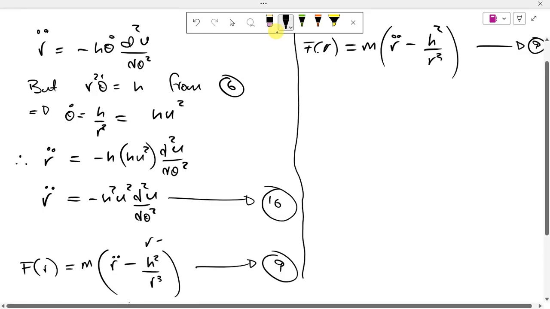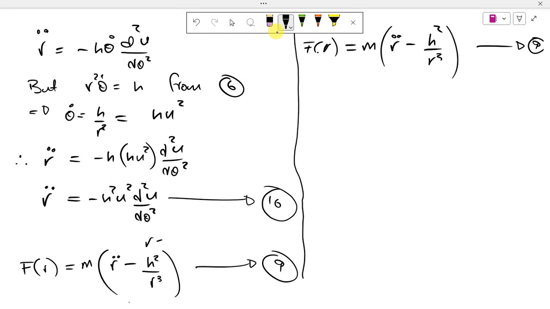Now we know that r double dot is the right hand side of equation 16. So f of 1 over u, because this is where we substitute 1 over u in for r, is equal to m times minus h squared u squared d squared u by d theta squared.